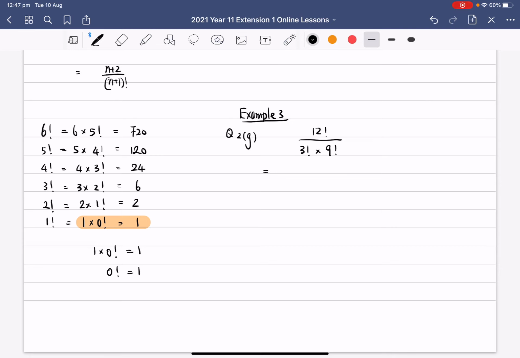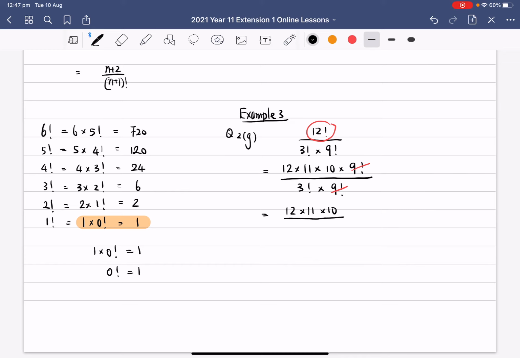In order for us to calculate this, I definitely need to unroll this 12 factorial. So 12 factorial can be written as 12 times 11 times 10 times 9 factorial. The denominator is just 3 factorial times 9 factorial, and then you can cancel the 9 factorial with the 9 factorial here. So you should be able to get 12 times 11 times 10.